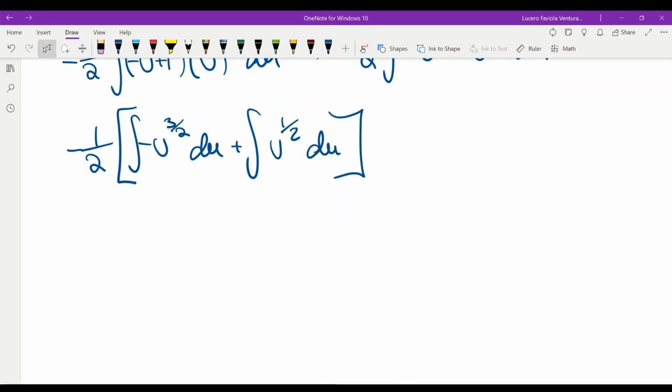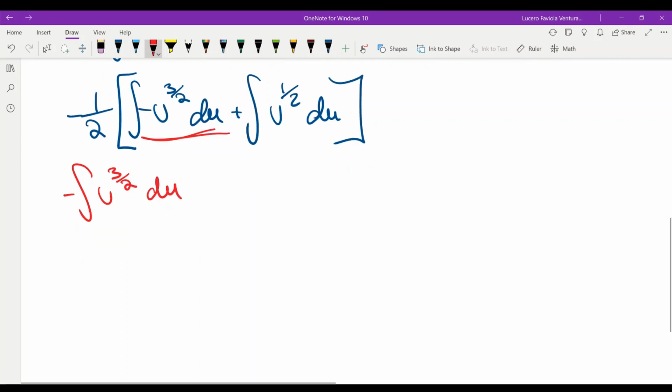Now, I'll start with the left side first and integrate it first. I'll write it in red so that we can see and differentiate it. So we have the integral of negative u to the 3 over 2 power du.